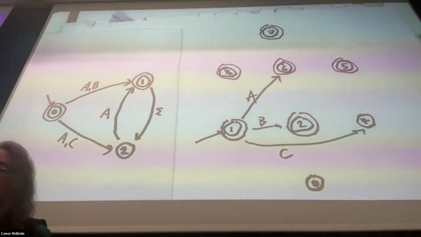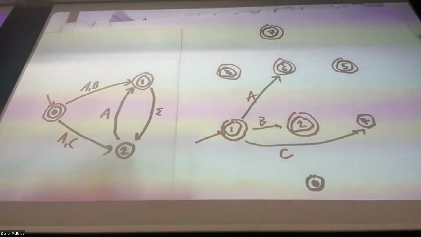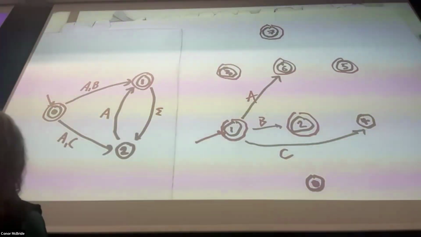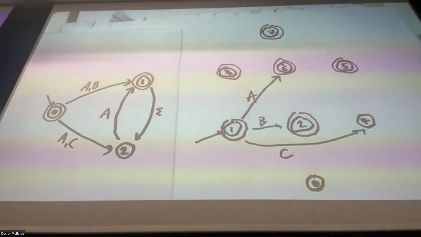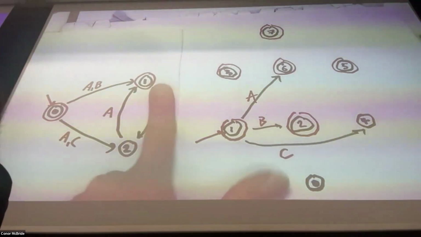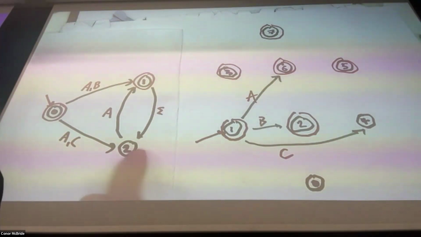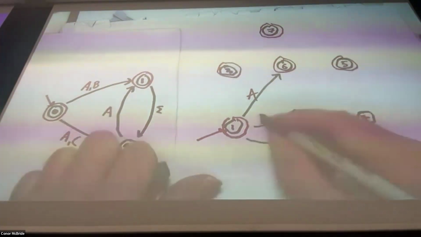Okay. And then what happens next? I have to think about what happens if we're in state 1. Oops. I've cocked that up because there's an epsilon transition from state 1 to state 2. So in fact, this is wrong.